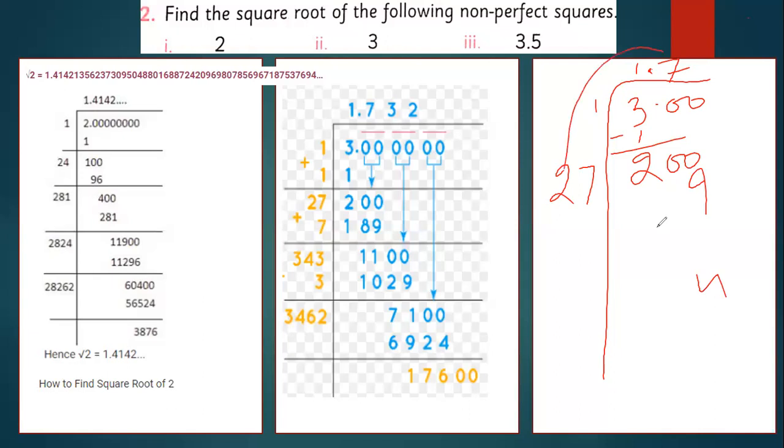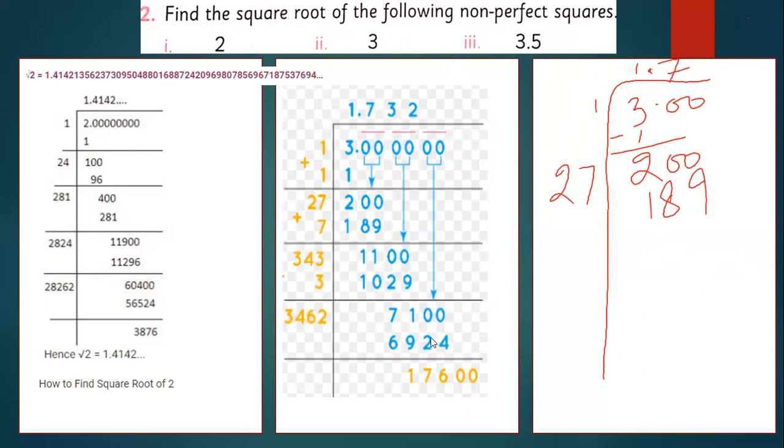Then 7 twos are 14, and this 4 will be 18. No, just subtract this one.